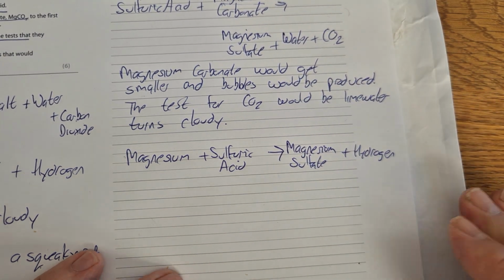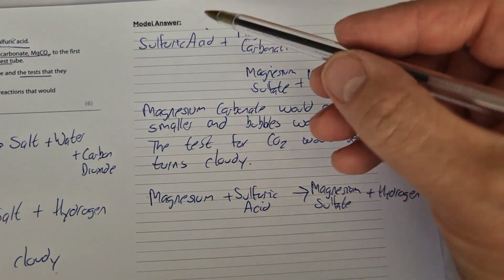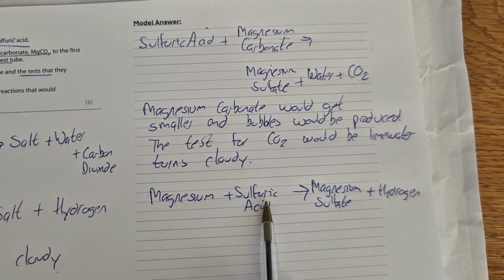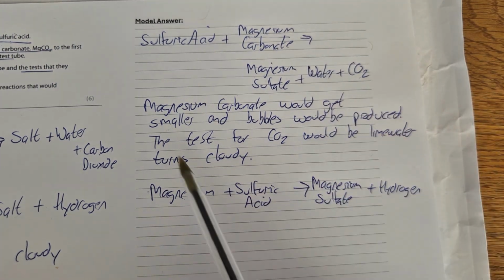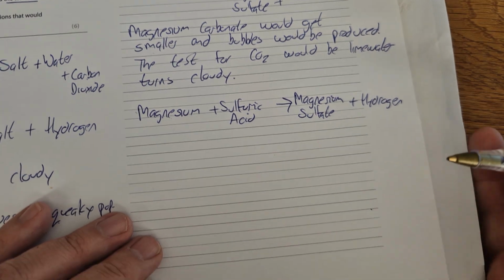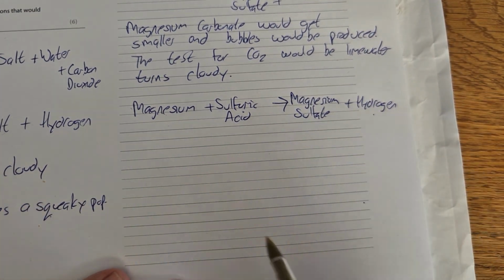Because I've done this accidentally, you'll notice it doesn't matter which way around. We've got sulfuric acid first here with magnesium carbonate, and magnesium first here. It doesn't matter as long as your reactants are on the left-hand side of the arrow. So we've got hydrogen being produced there.